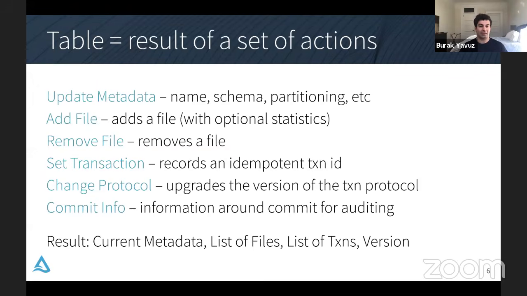We have add file actions, which means that this is a file that has been committed to this table. This file may contain statistics. The add file action will contain the size of the file, and also when it was last modified and whatnot.